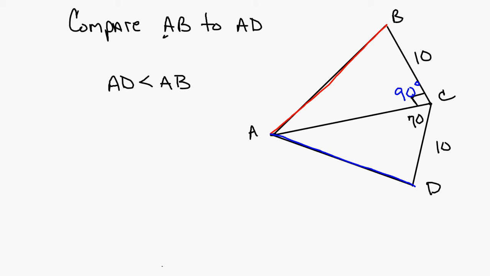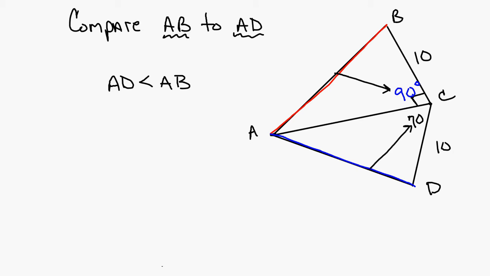Identify the side that they're asking you to compare, which was AB to AD, and then just evaluate the angles that are opposite of those sides. The angle opposite the side tells you which side is longer or which side is shorter. Which is just an extension of what we did yesterday.